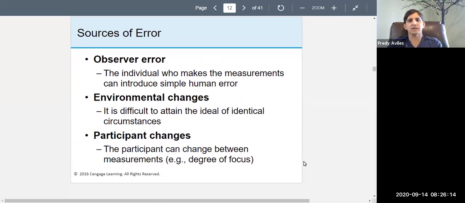One source of error can be observer error, right? The individual who makes the measurements can introduce simple human error. Like, let's say somebody measures your height with a measuring tape, okay? Well, what happens is that they use that measuring tape and they don't quite stretch it out enough, right? It's a little bit wrinkled or something. They don't do a good job.